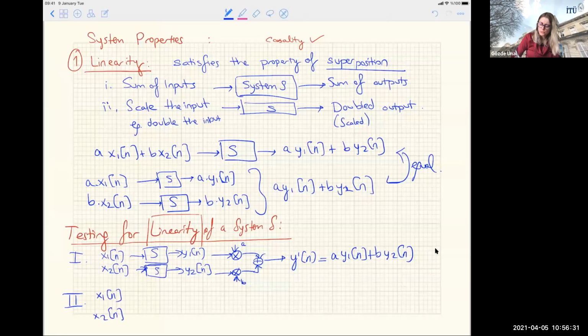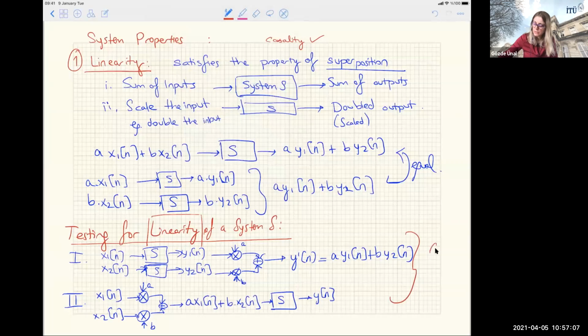You can, of course, write here a x1 plus b x2, but for the sake of our notes, this is now a x1 n, the scaled input 1, and another scaled input 2 goes through the system S together. This is, let's call it another y n.